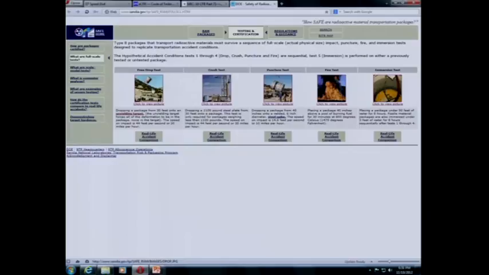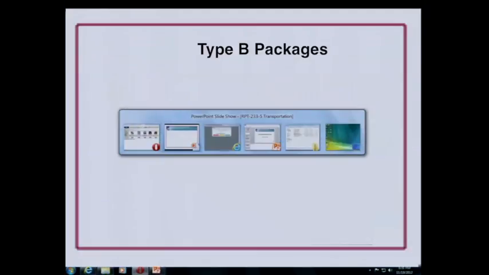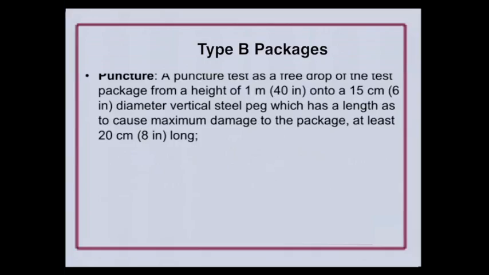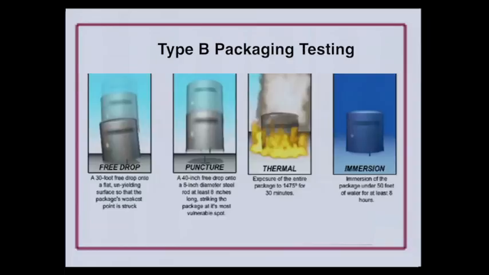The model, the spec, goes through the test, and then based on the results, it either receives a certification from the NRC or it doesn't. And this just is a pictorial of the test with a quick synopsis to each of them.